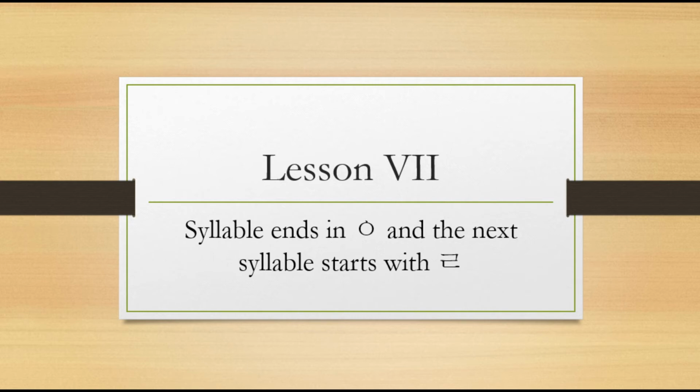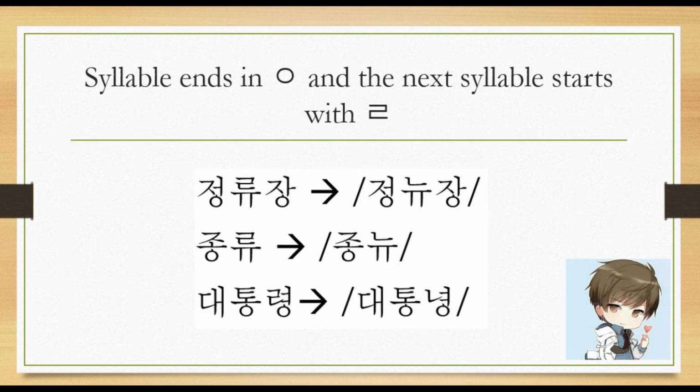Okay, so lesson 7. A syllable ends in ieung, that circle, which is read as no sound, and the next syllable starts with rieul. Let's see some examples. Jong, ryu, jang is the spelling, but when you read it, that's jong, nyu, jang. When the final is ieung and the initial is rieul, the rieul becomes N. Next example, jong, ryu.